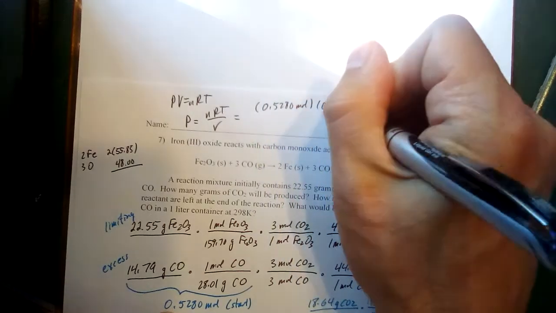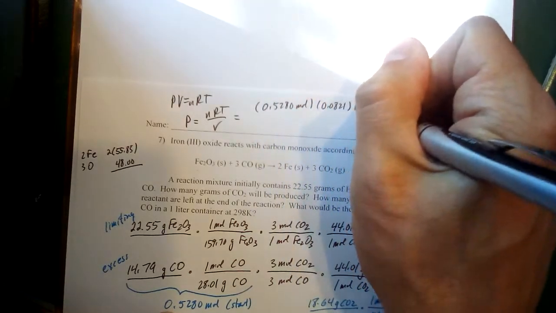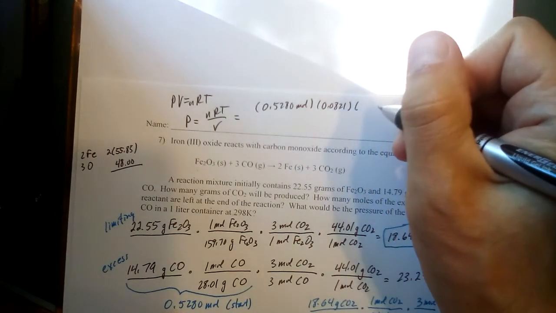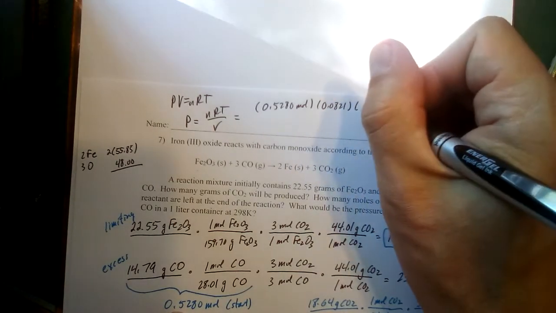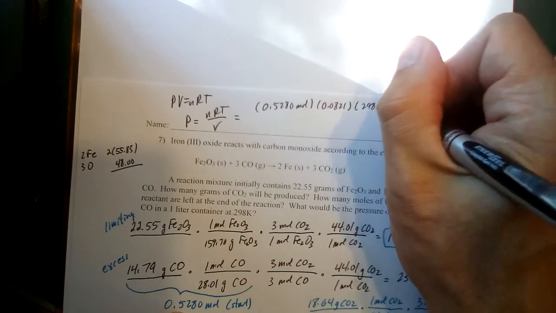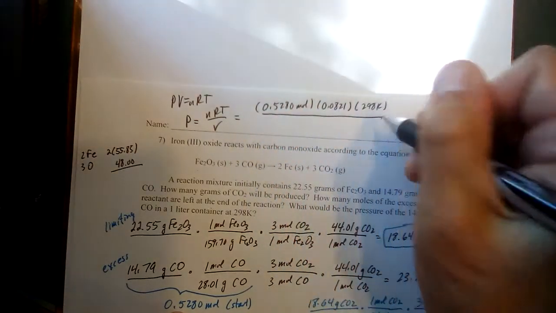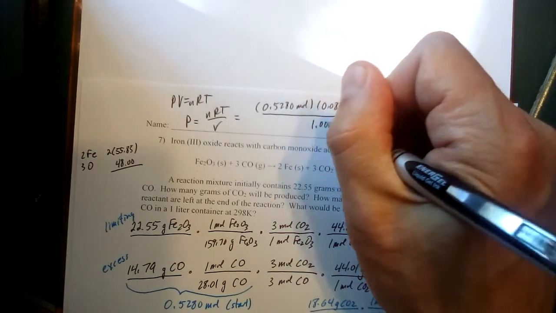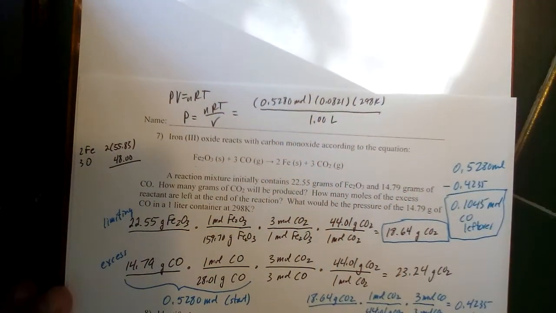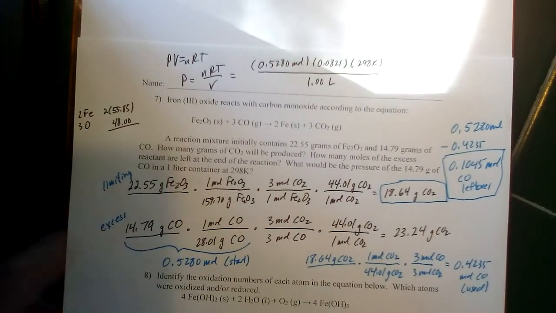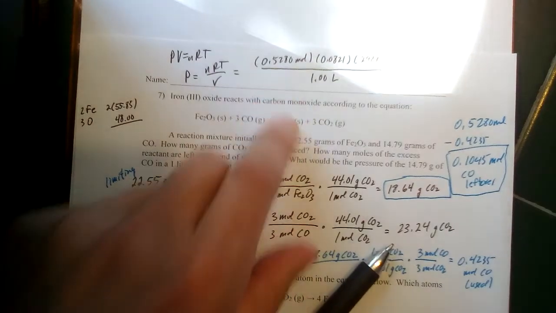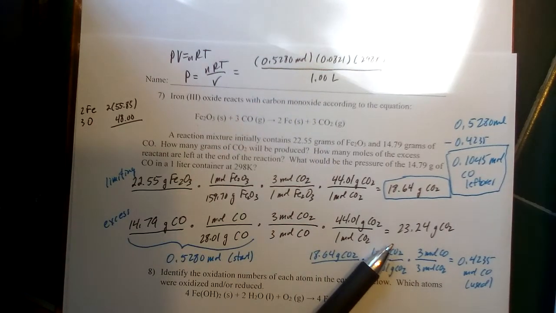R is 0.0821 liter atmospheres per Kelvin mole, although I'm going to leave that off here in this problem. Since we've done that enough times, I think we're familiar with how they cancel out. Temperature in Kelvin, and volume is just 1 liter there on the bottom. And it was written out as just 1 liter, but let's assume that that means it's an exactly 1 liter container and that it's not going to limit us to 1 sig fig.